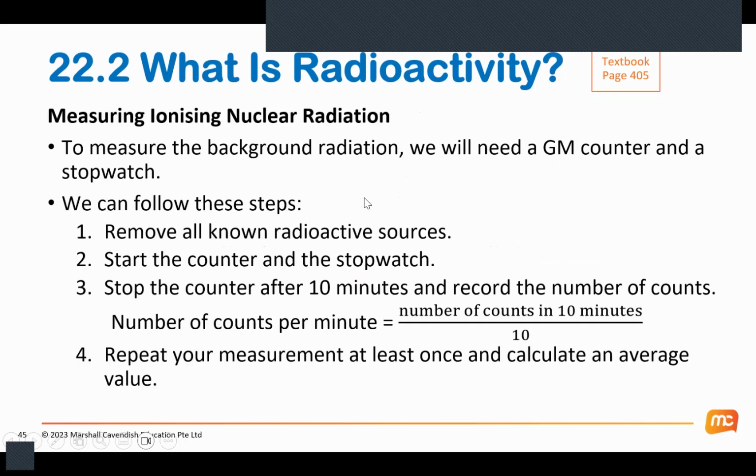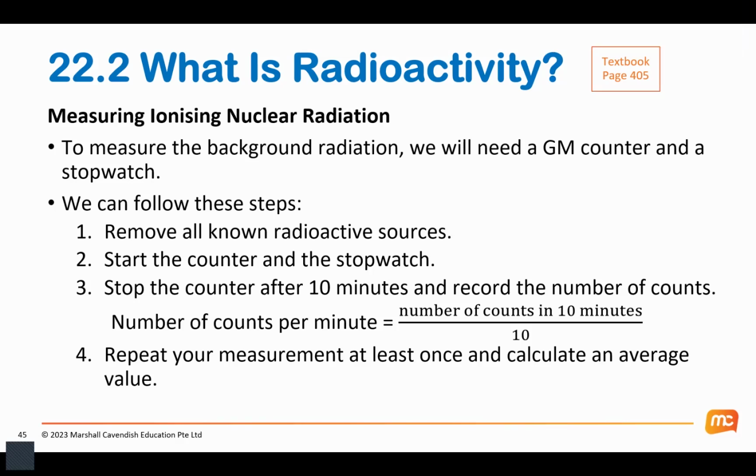So how do we measure the amount of radiation that is being emitted? Usually we measure the background radiation first. So we try to remove anything that is radioactive in the environment. That means we don't introduce a radioactive nucleus like uranium, radon, all those kinds of things, just like in a home environment around you.